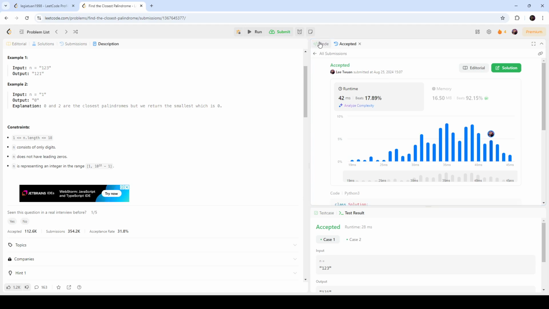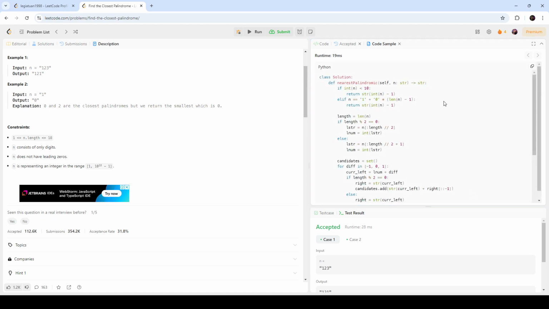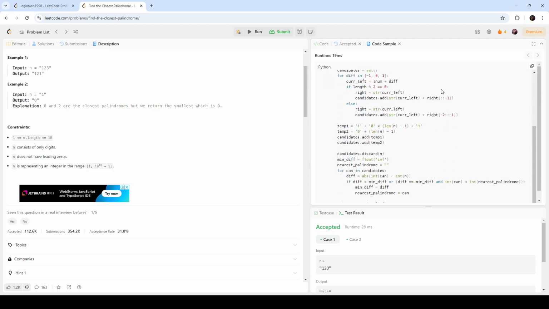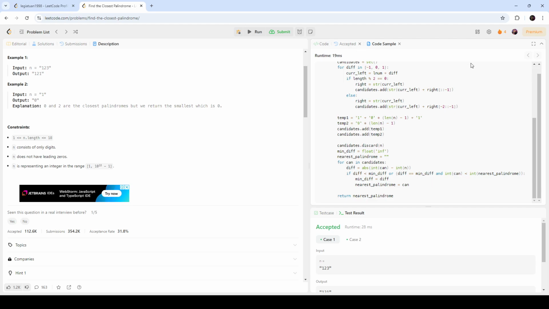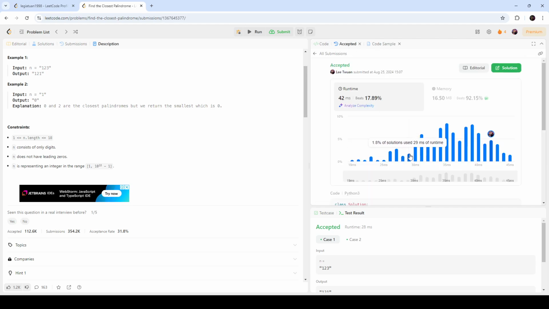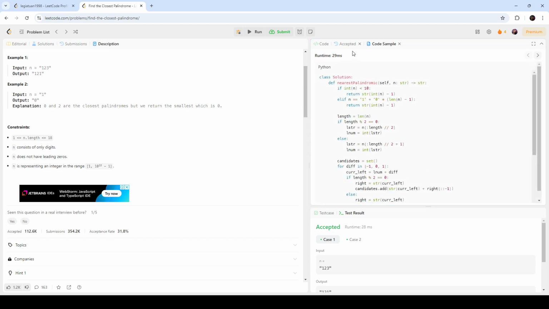Okay. This method is actually not that efficient compared to other types of methods that use purely math. Right? Those that use purely math are going to be more efficient than these guys.